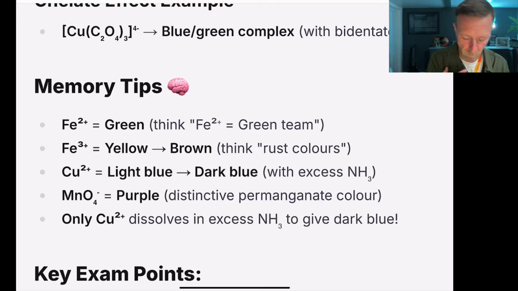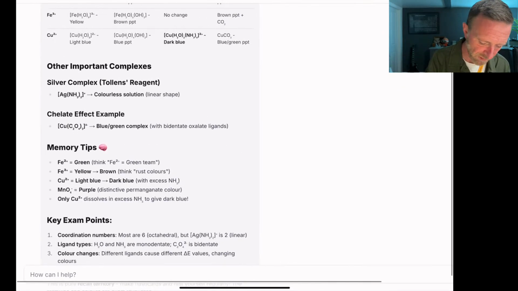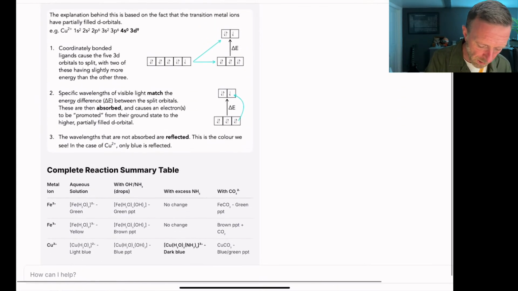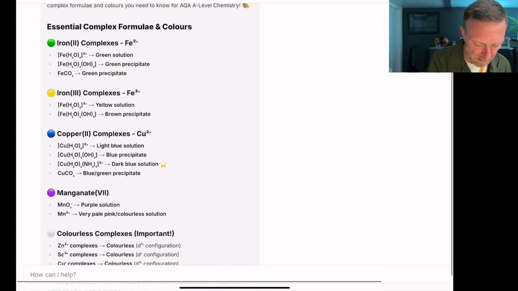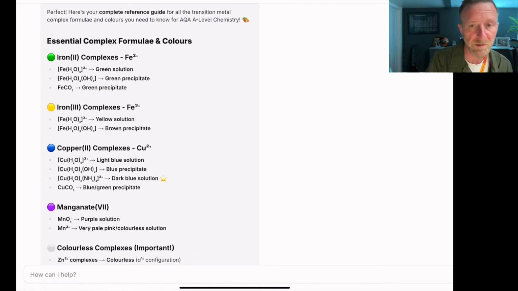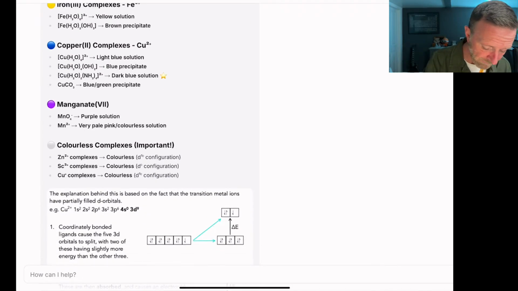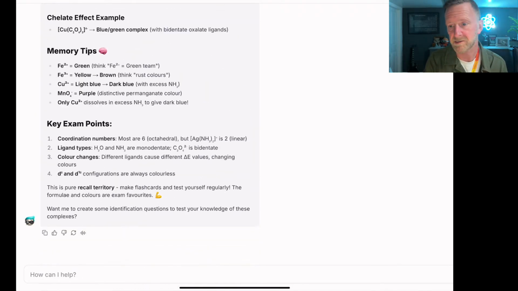That is not me, folks. I'm not taking that on the chin. But actually, Fe3+, brown, rust, yeah. So just a few memory hooks, a few ideas for you. So we've got those, which is absolutely awesome. If you wanted to, you could ask it to make flashcards for you, so you can revise those colours and complexes and formulae and so on and so forth.